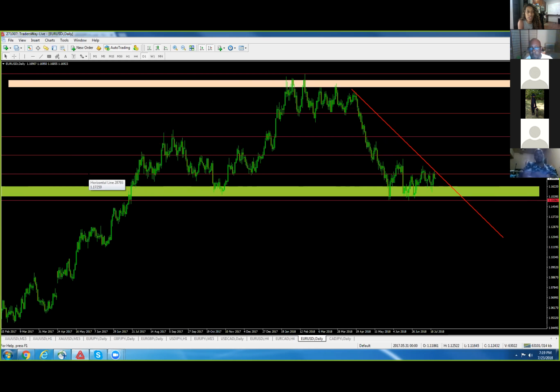Let me zoom in a little bit. I want to say it's about 146 pips. That's a large candle. Anything from 50 to 100 pips, that's a large candle.